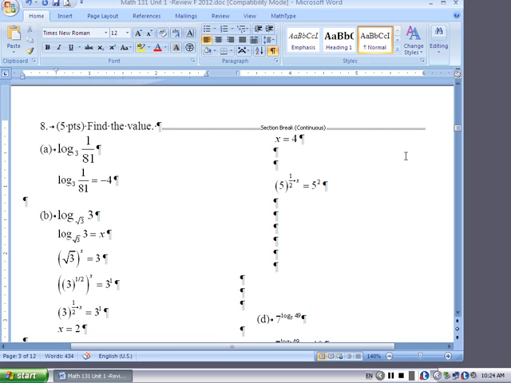The next unit, you are going to see equations. You're going to have linear, quadratic, cubic, polynomial, radical, exponential, and logarithmic equations. So you're going to see every type for every unit so that you will not feel scared when you have your final exam. Does it make sense to you guys?